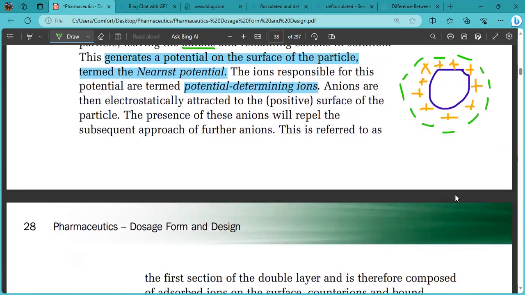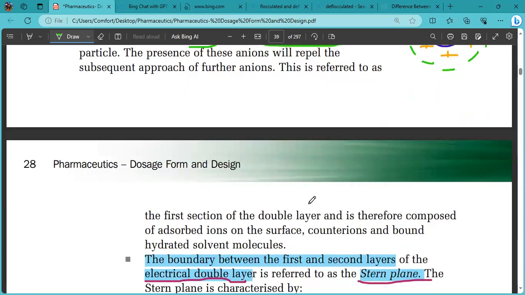The anions are electrostatically attracted to the positive surface of the particle, as demonstrated here. The presence of these anions will repel the approach of any further anions. So we cannot form any other layer of anions, because the like charges will repel it away. So this is referred to as the double layer.